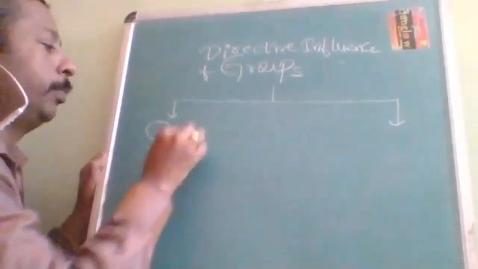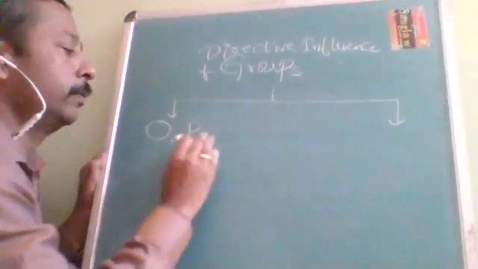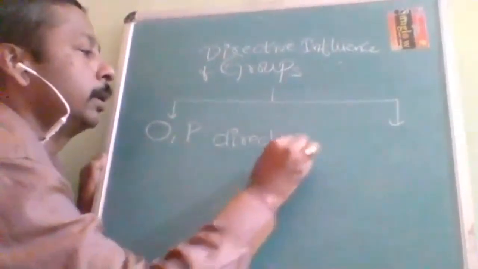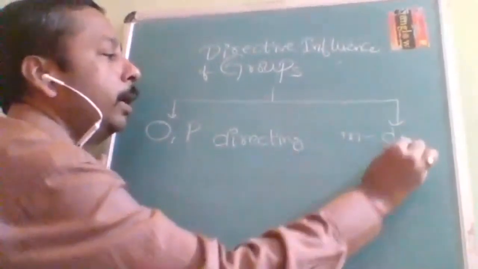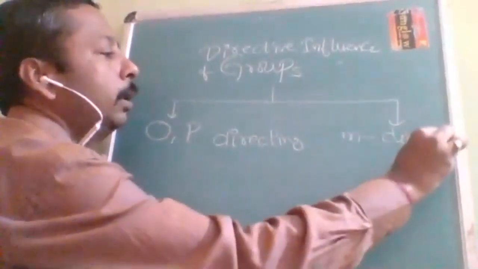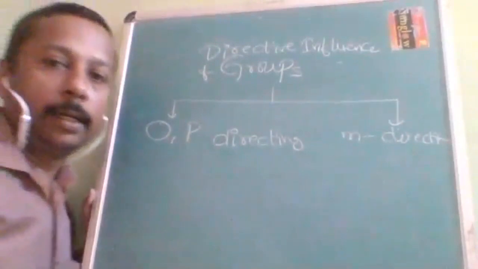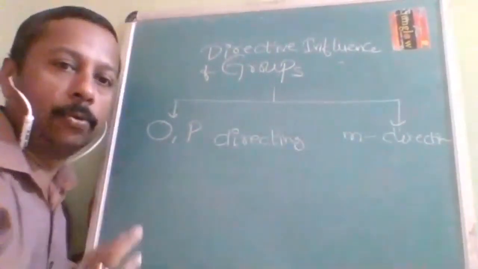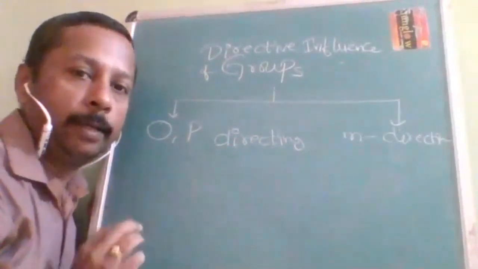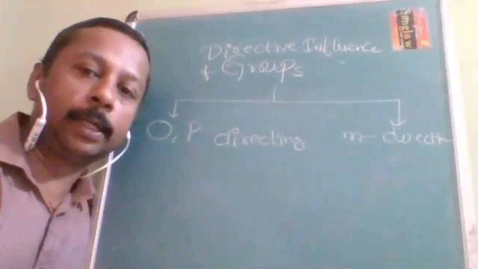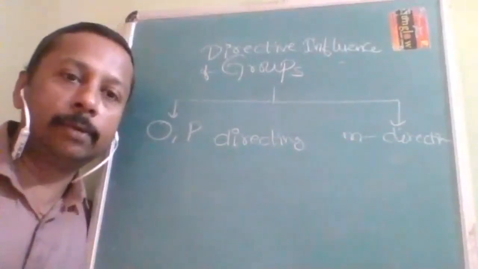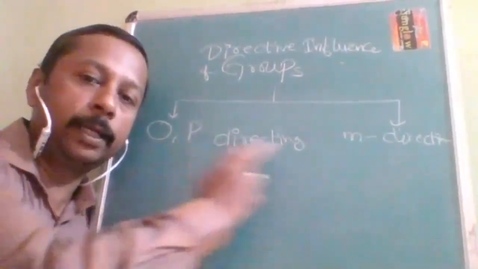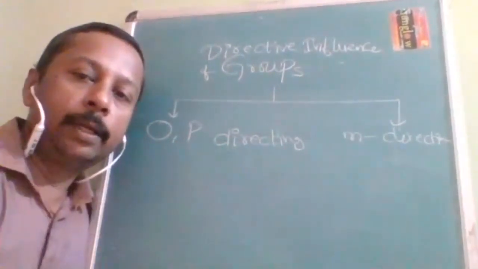First one is OP directing, second one is M directing. Ortho para directing and meta directing. There are only two types of groups. Let there be hundreds of functional groups, hundreds of molecules, hundreds of ions. Either they are OP directing or they are M directing.